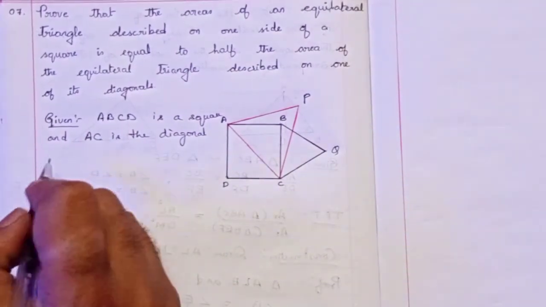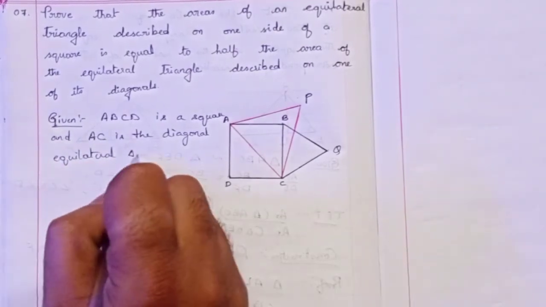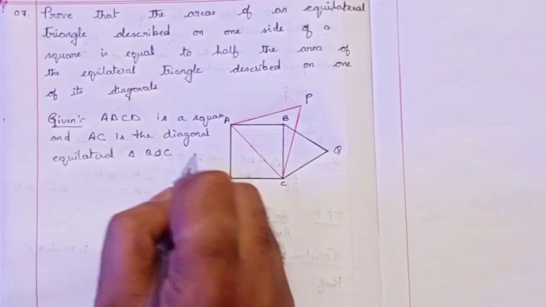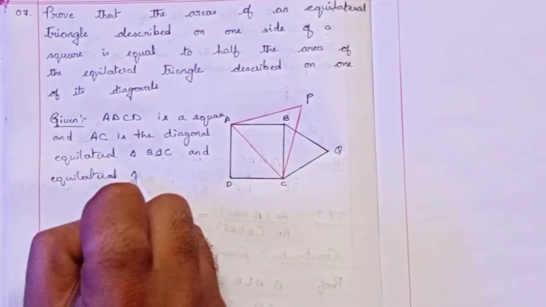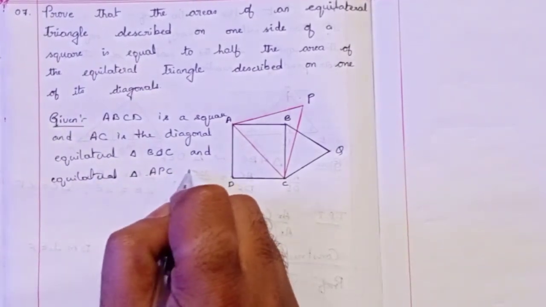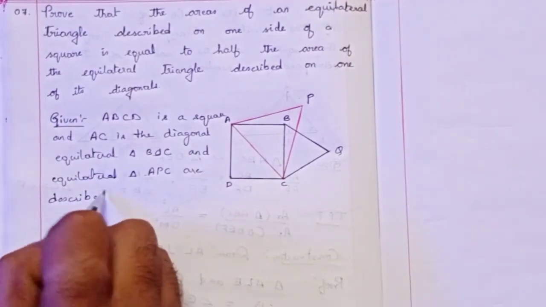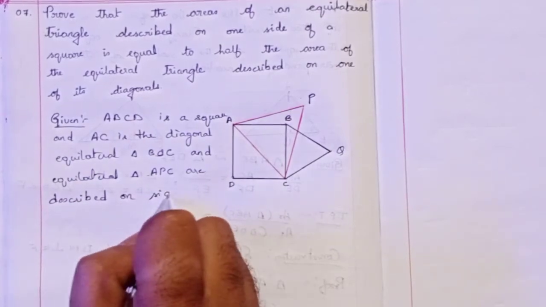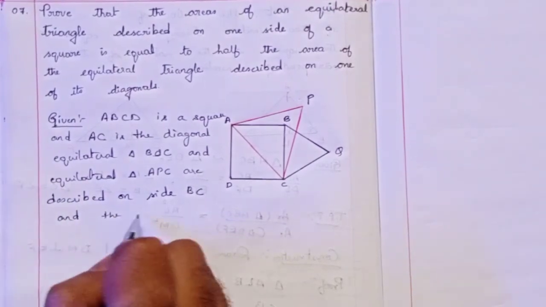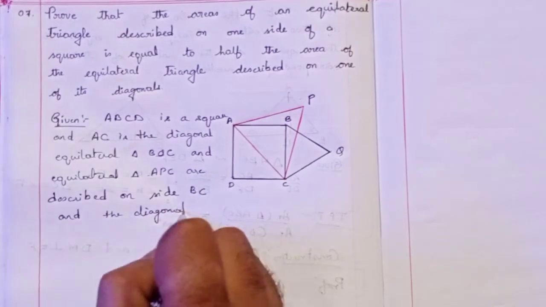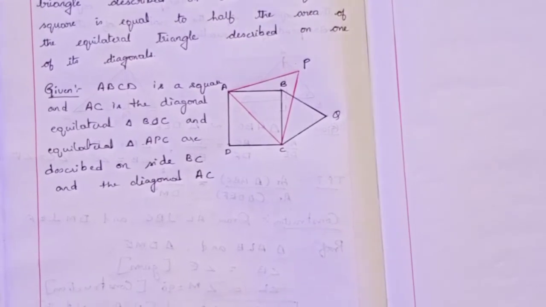So equilateral triangle BQC and another equilateral triangle APC are described on side BC and the diagonal AC. So I think you don't have any doubt with respect to the given.